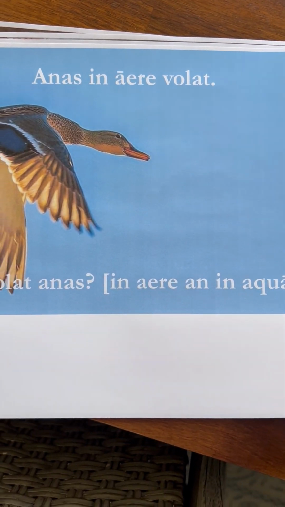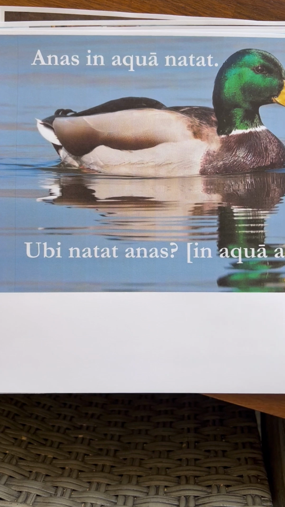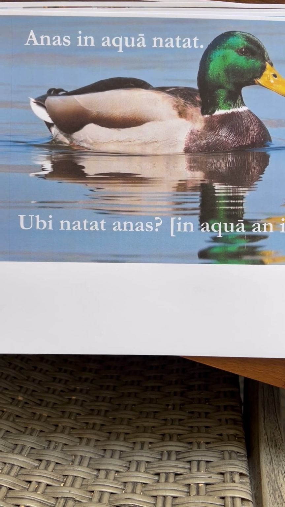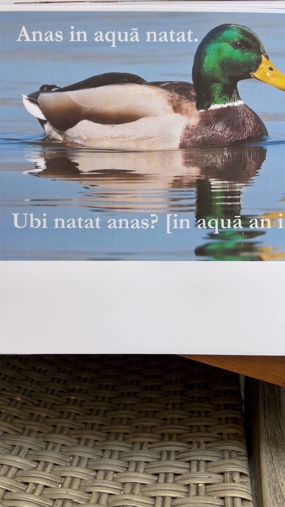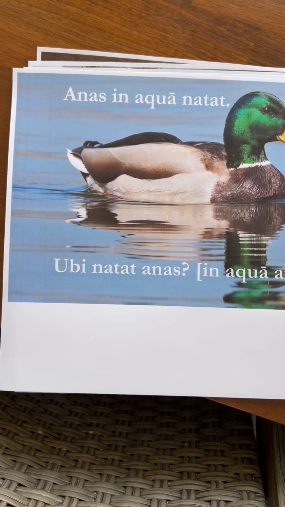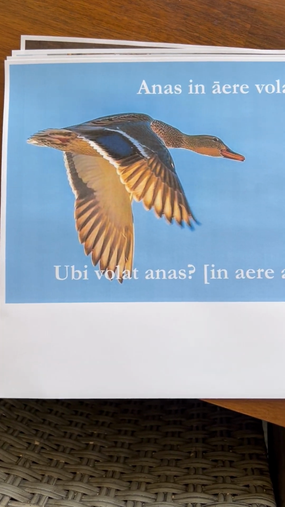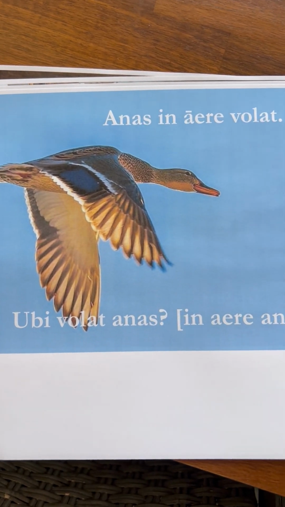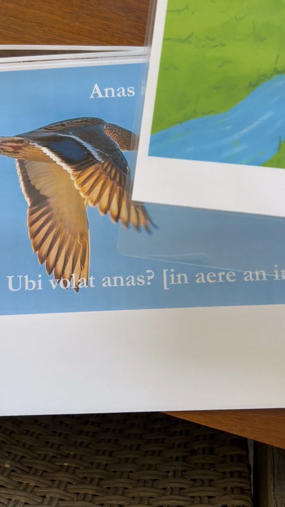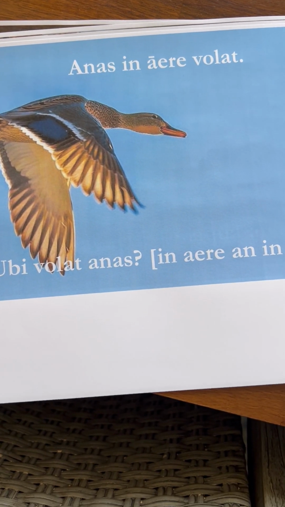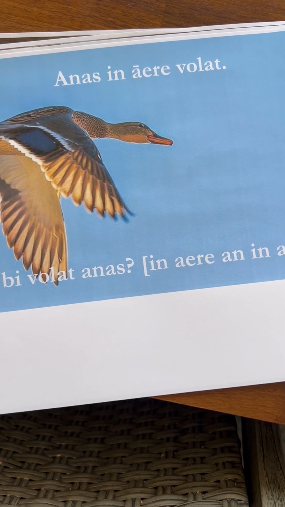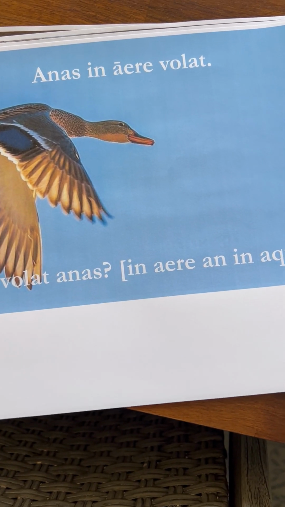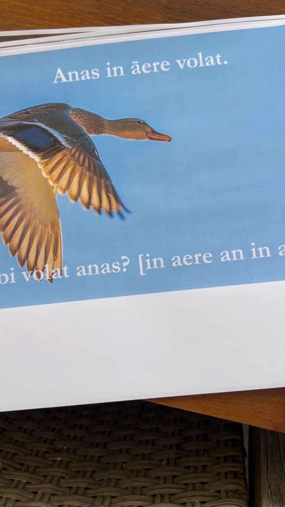For a different sentence you might like anas in aqua natat. You could also say maybe for aere that something salit, right? Sometimes we could say that a capra in aere salit. The goat is jumping in the air. Capra in aere salit. That would be a good one.